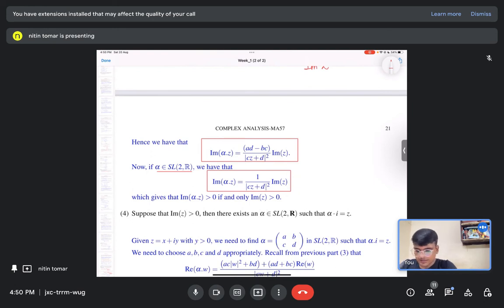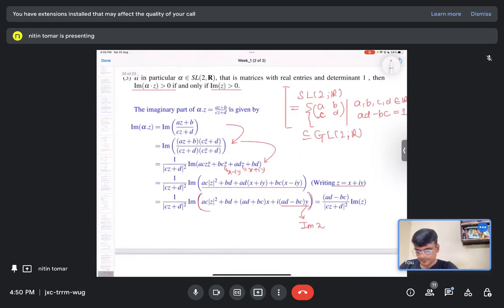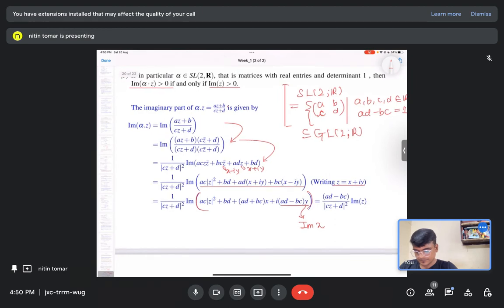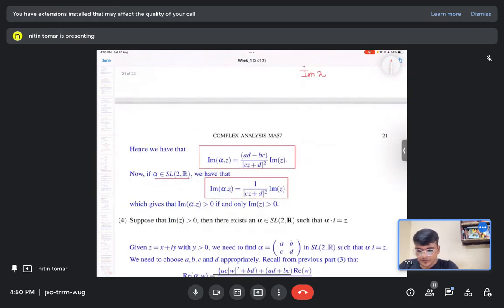Yeah. So you see, you are able to write the imaginary part of alpha dot Z as some positive number.